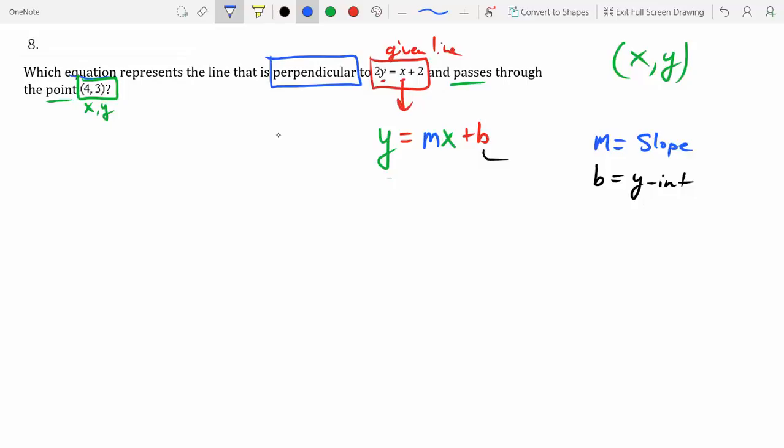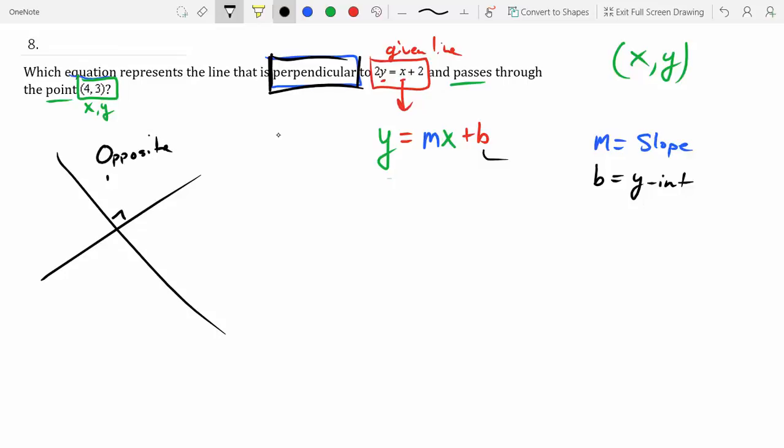So when we deal with perpendicular, we're really interested in slope, right? Because lines that are perpendicular, their slopes will be opposite reciprocals. Like if this line had a slope of 2/3, then the perpendicular slope, the slope that makes that right angle, would be the opposite sign.